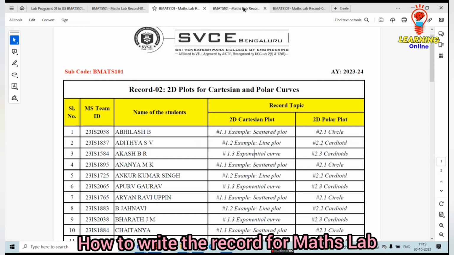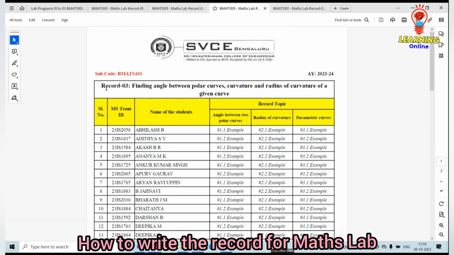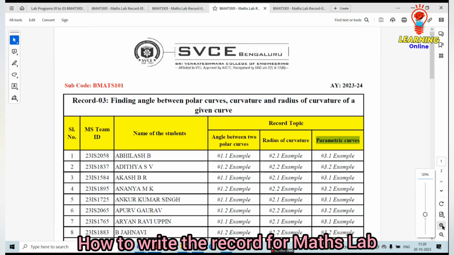Then similar to that, record 3. That is the 1.1 example, then 2.1 example, 3.1, because in this there is the angle between two polar curves, then radius of curvature, then parametric curves. Related to this topic, you can write the particular experiment, whatever code is allocated to you.